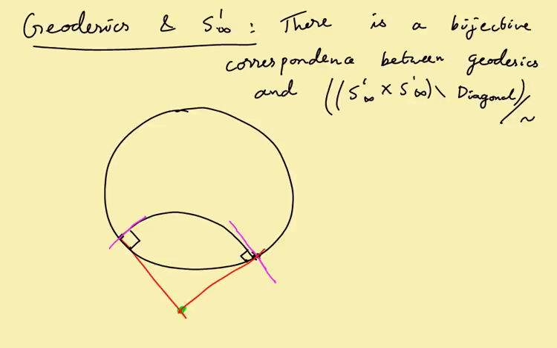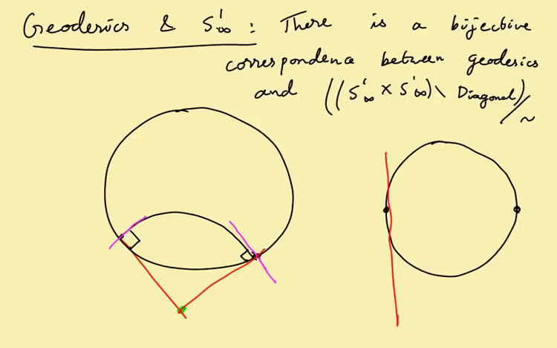There's one more case to consider here, which is that I have a pair of points so that the two lines that I have drawn here, the red lines, end up being parallel. Well, when does that happen? That happens exactly when the line joining these two passes through the center of the circle.